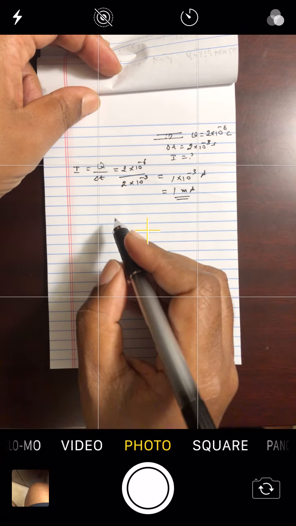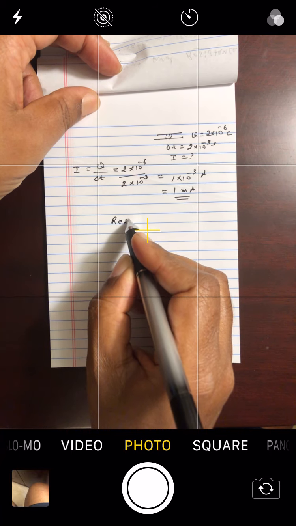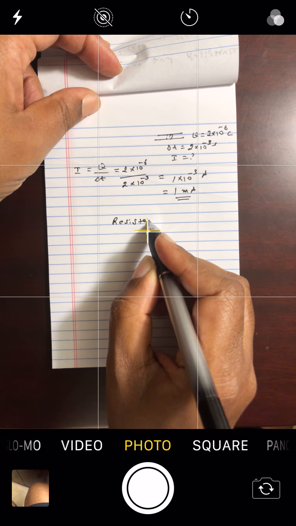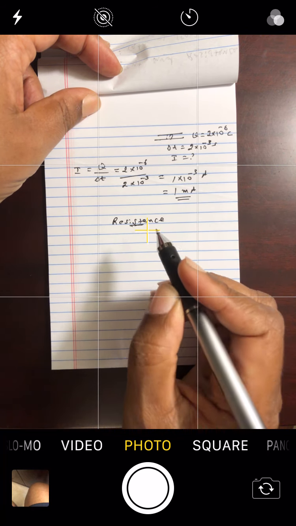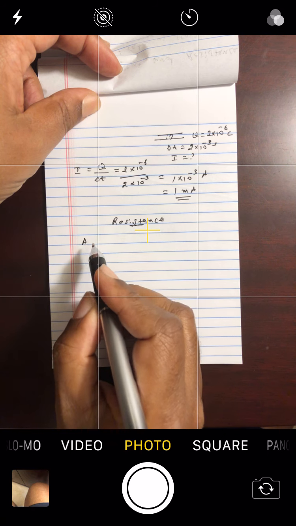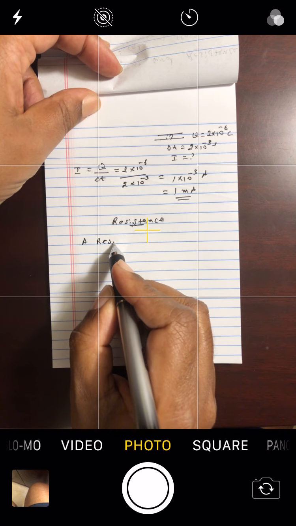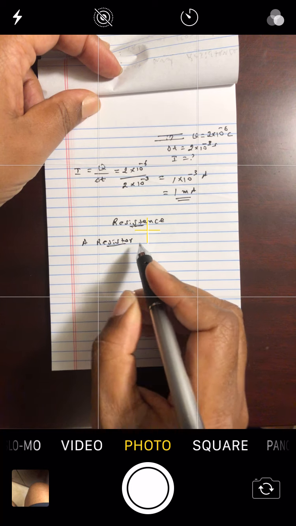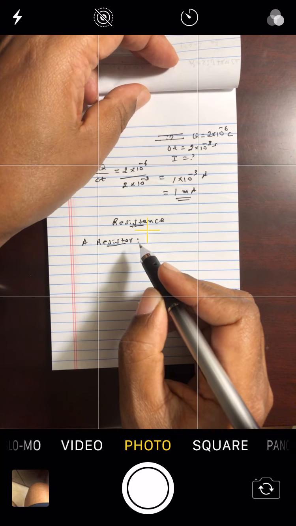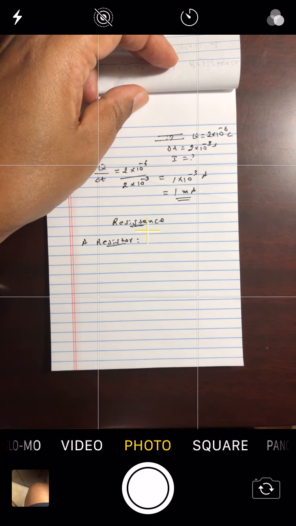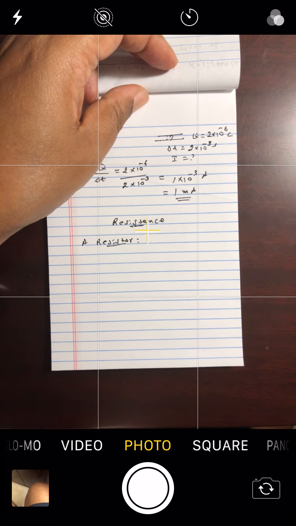Okay, so the next section we're going to look at resistance. So we're going to start by defining a resistor. A resistor is a device that converts electrical energy to non-electrical energy. For example, this could be a heater, which converts electrical energy to heat energy. It could be a light bulb, which converts electrical energy to light energy.